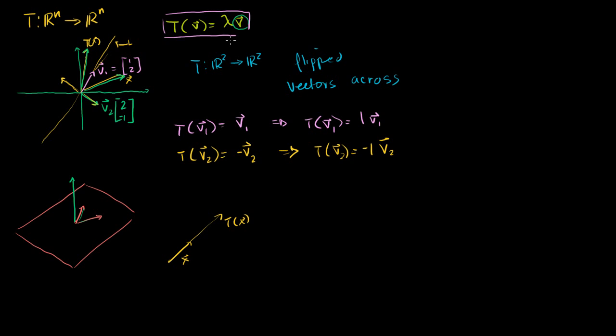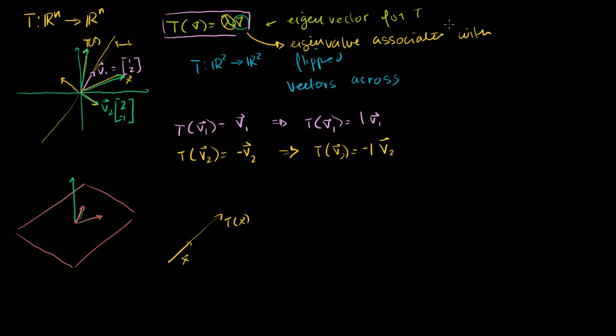And so these have special names. Any vector that satisfies this right here is called an eigenvector for the transformation T. And the lambda, the multiple that it becomes, is the eigenvalue associated with that eigenvector.